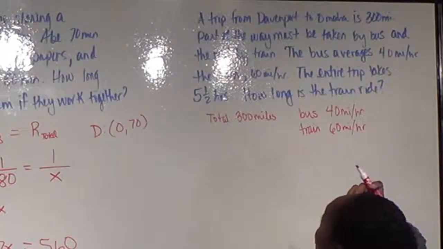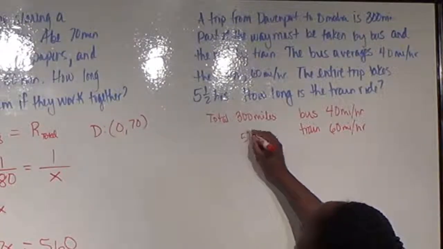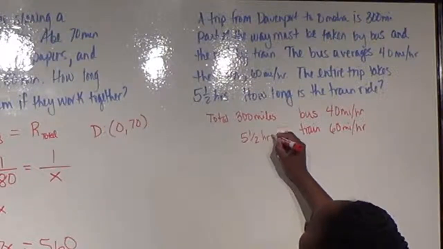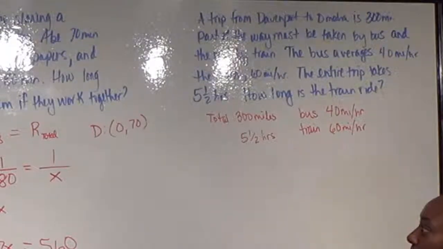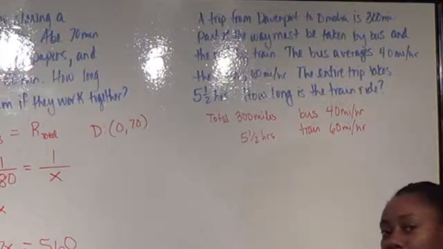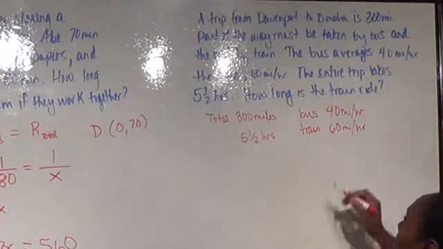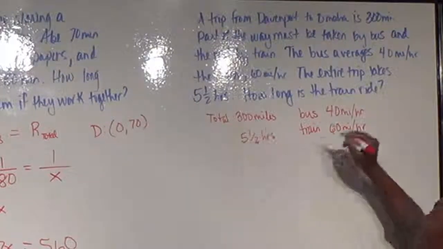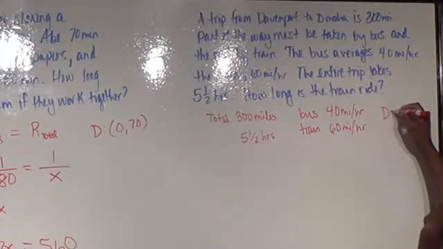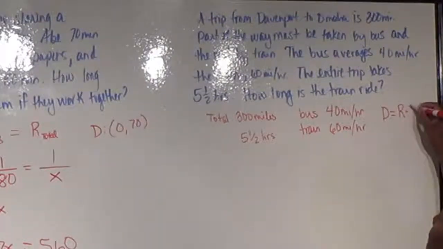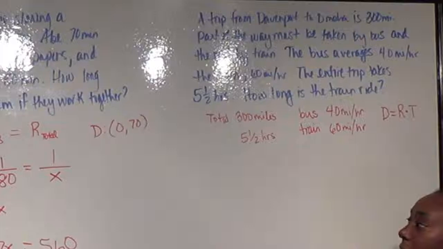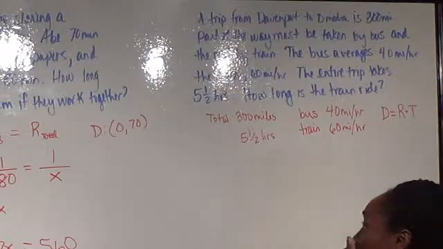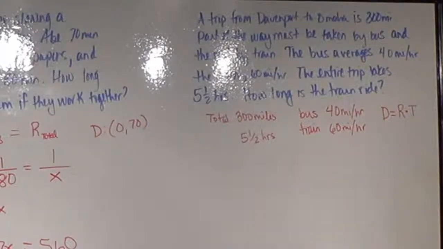And we know that the total trip, 5.5 hours. Okay. So again, we know the relationship between rates and distances is that the distance equals our rate times how long it's going to take. Okay, so there's kind of the formula we need here.